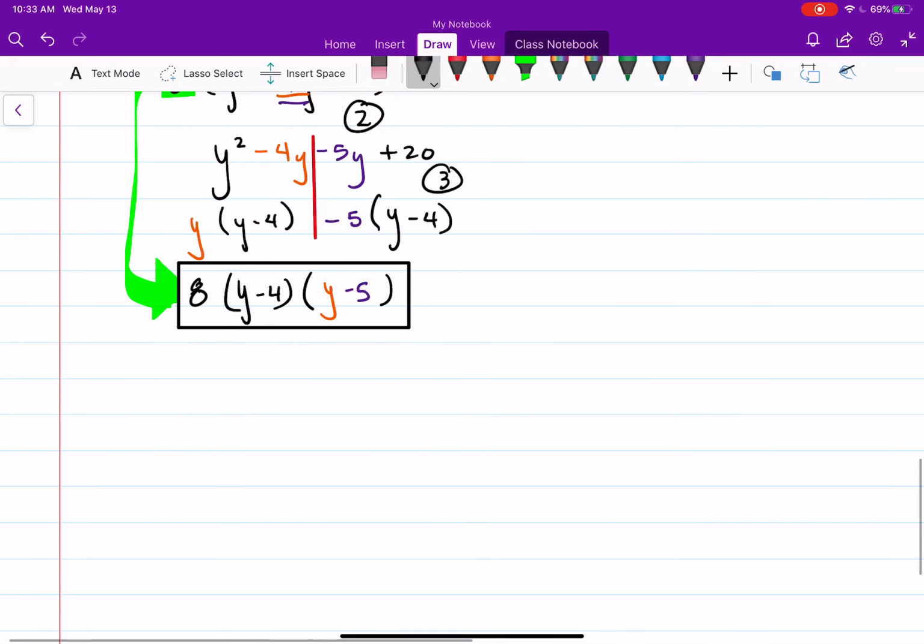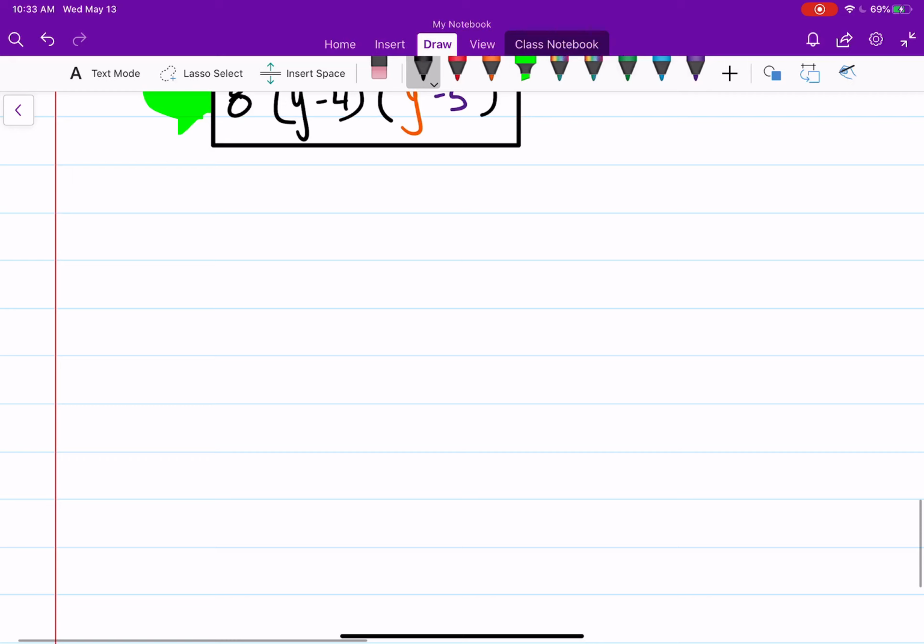All right, let's try another example here. 18x squared minus 18x minus 8, okay?